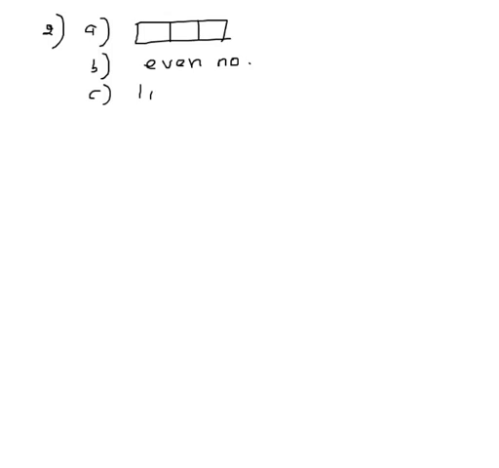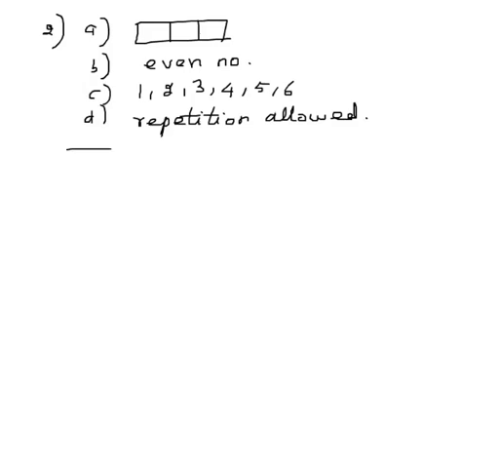And the third condition is you have to make use of these digits. And the fourth condition is digits can be repeated. Repetition is allowed. So these are the 4 conditions given. So you have to keep in mind all these 4 conditions.